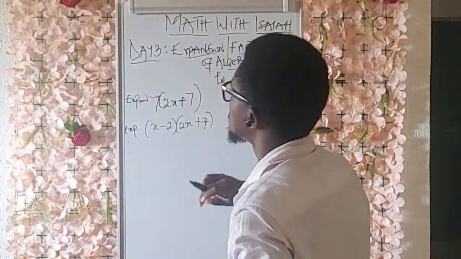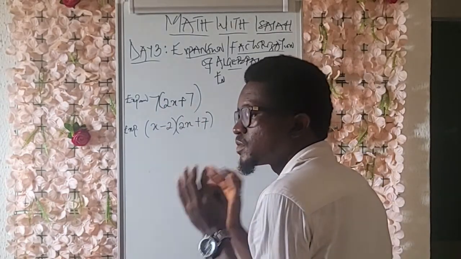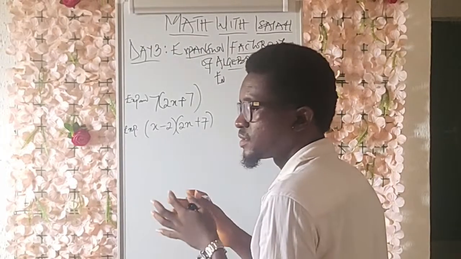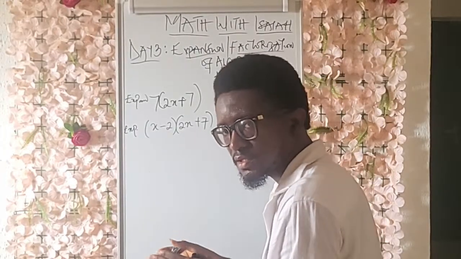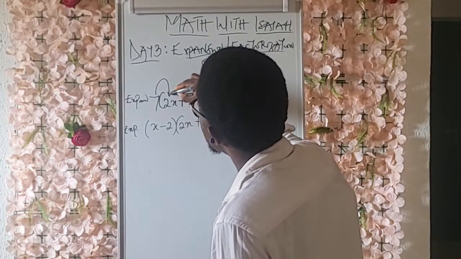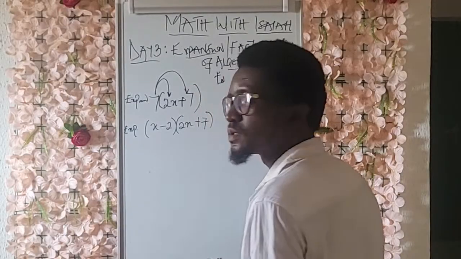Now this, for instance, whenever you want to expand this, whatever is in the bracket remains constant. So you multiply whatever is in the bracket by whatever is outside the bracket. So we have to multiply this with this, and then we have to multiply this with this.